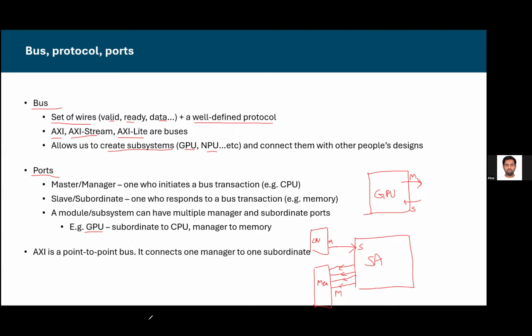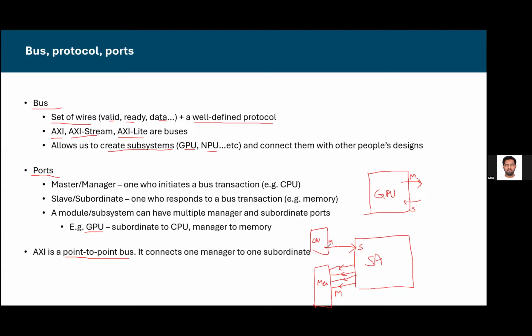Now the key important thing here is that AXI is a point-to-point bus. Which means you can't easily share one bus with many managers or subordinates; you do that through an interconnect, which we'll talk about next. If you take one set of wires, it will be driven by one module.